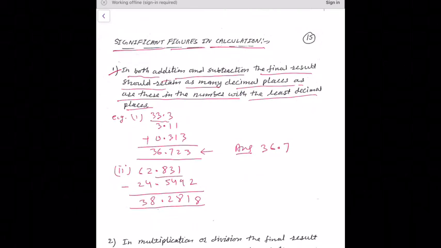This number has 3 decimal places in the least precise term, so the answer should be reported to 3 decimal places after rounding off. So the answer is 38.282, because 8 is greater than 5, so 1 is raised to 2.